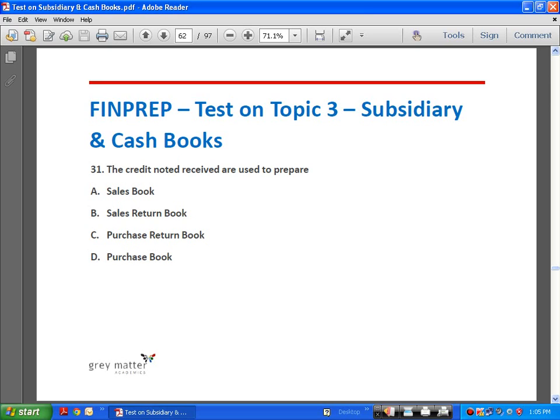Next, the credit notes received are used to prepare. Okay, right. So let's get some clarity on what we mean by debit notes and credit notes. I just told you what a debit note is. A debit note is a note that is prepared by the purchaser and sent to the supplier at the time of returning goods that have been purchased by the purchaser.